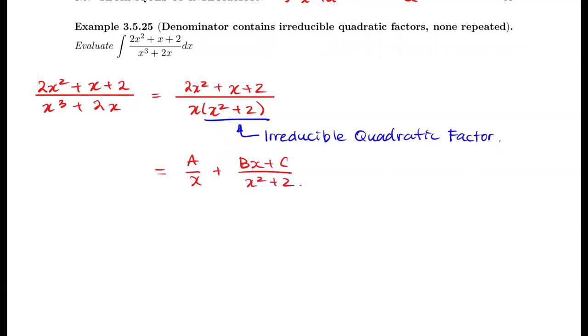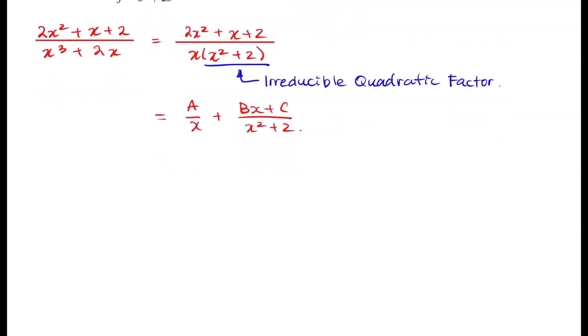Whenever you have an irreducible quadratic factor, you need to have this linear term in the numerator, some form like ax plus b. All right.